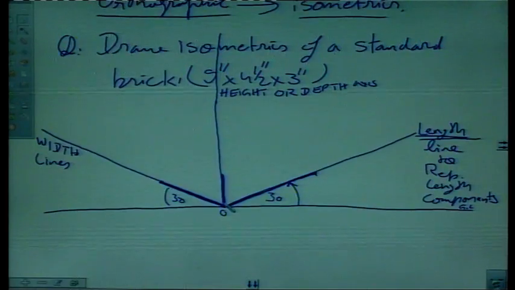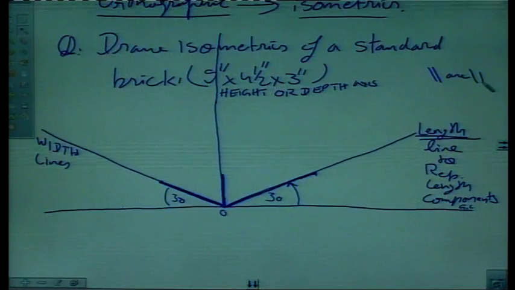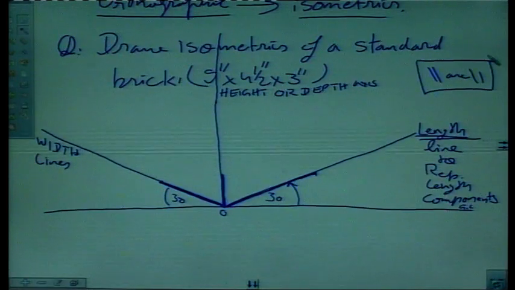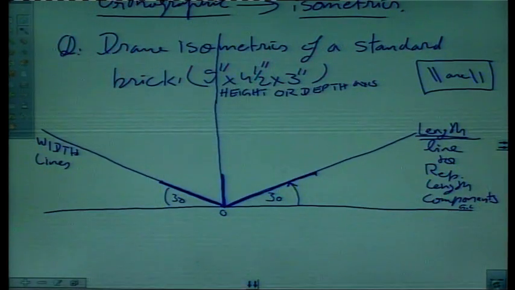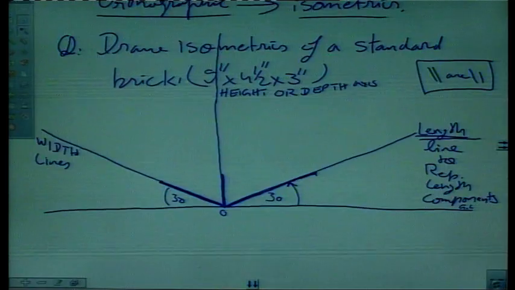Right? Now there is a rule in isometrics that parallel lines are parallel. If the object has parallel lines, those lines in the isometric drawing will also be parallel to each other, right? So, for drawing other lines, we will do like this. First of all, we will draw a line parallel to this line. First name this, say this line is OA.